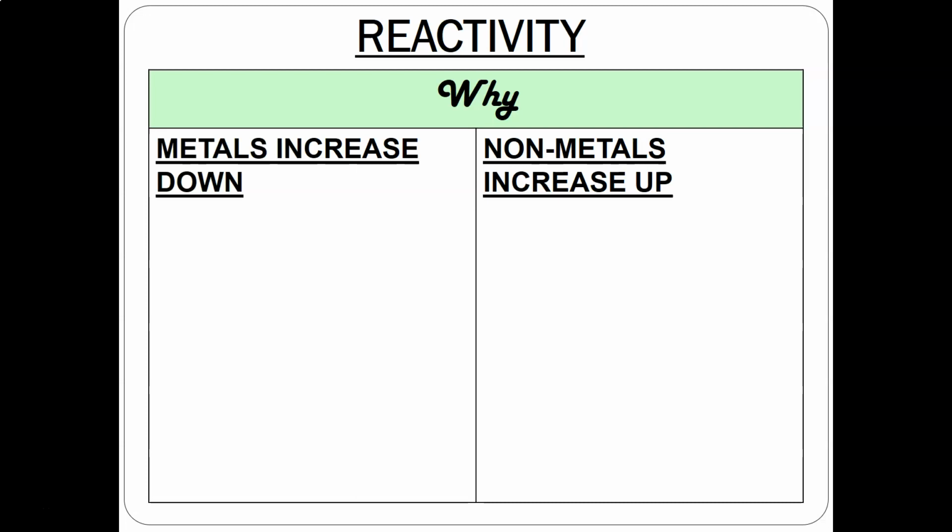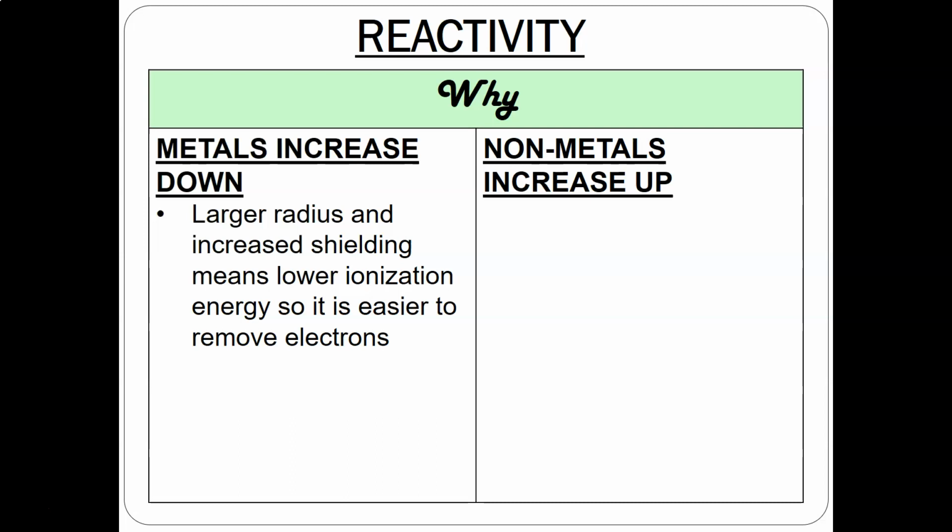The easier the reaction is, the more reactivity you have. So your larger radius, your increased shielding results in a lower ionization energy, so it's easier to get those electrons off, resulting in a big reaction.